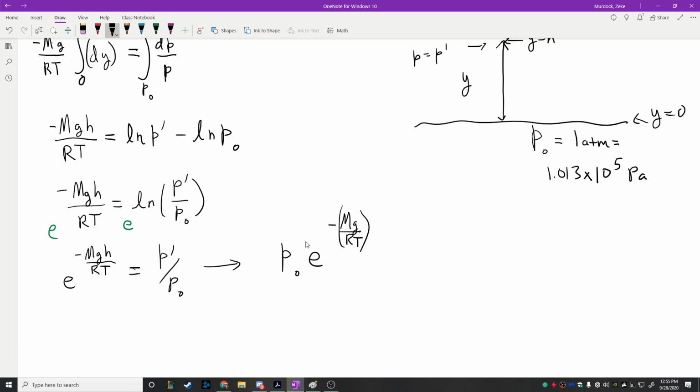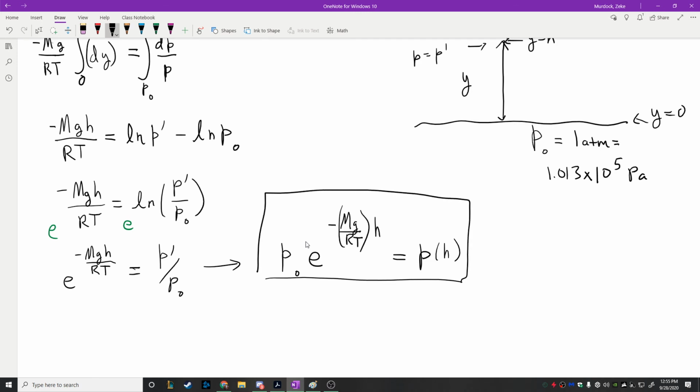That portion is a constant that we can calculate, and then we multiply by the height h, and that should be equal to the pressure at that height. Okay, I called it P prime. I'm just now going to say that this is the pressure as a function of the height above the surface of the Earth. There we go. It varies like e to the negative this.